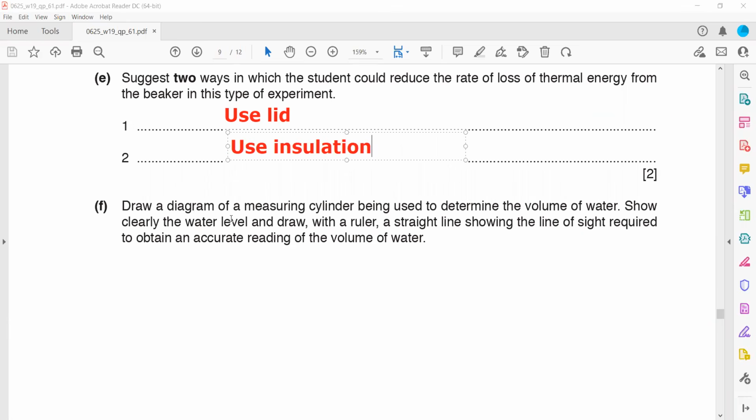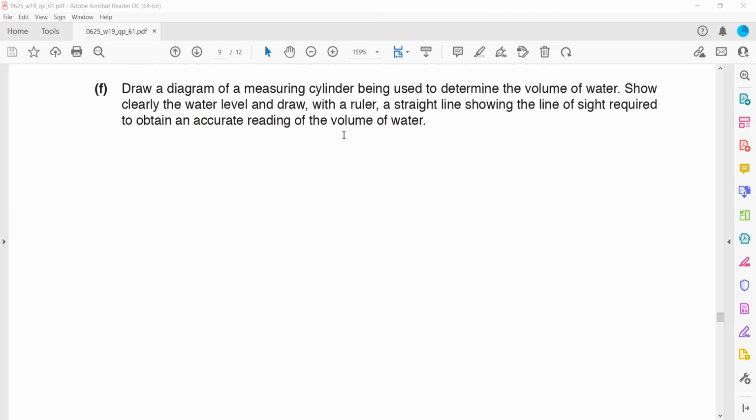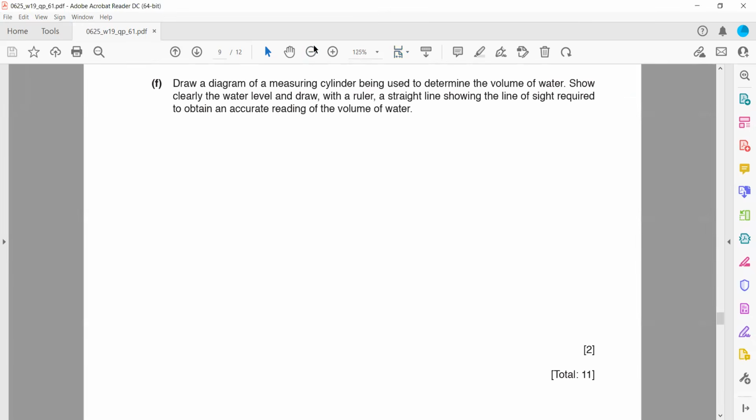Draw a diagram of a measuring cylinder being used to determine the volume of water and show clearly the level, and draw with a ruler a straight line showing the line of sight required to obtain an accurate value. Okay. So what we have to do is draw a measuring cylinder here.